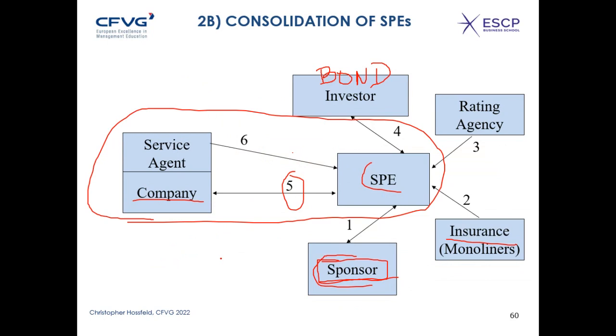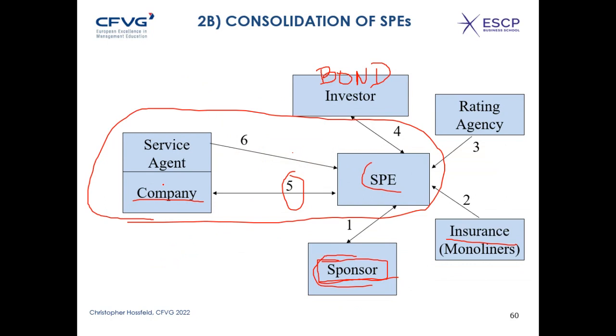Okay, that means most SPEs today are consolidated, and that means basically, okay, as a company, I can sell the loan portfolio to the SPE, but since the SPE is consolidated, in the consolidated balance sheet I will still see the loan portfolio.